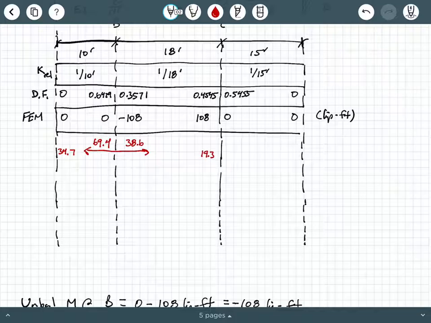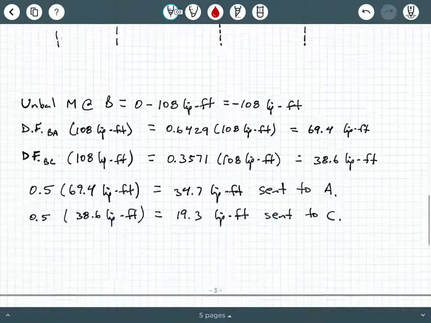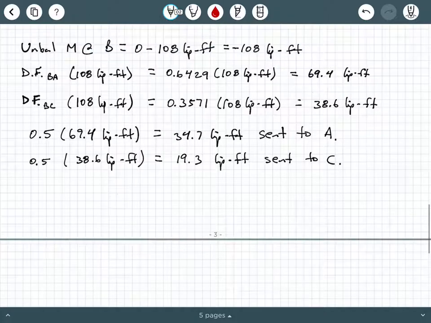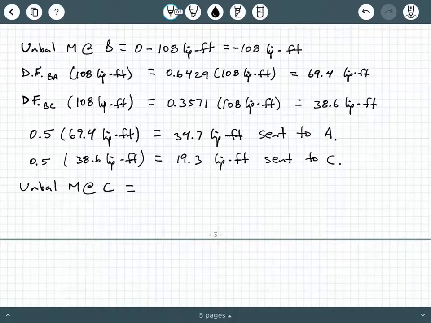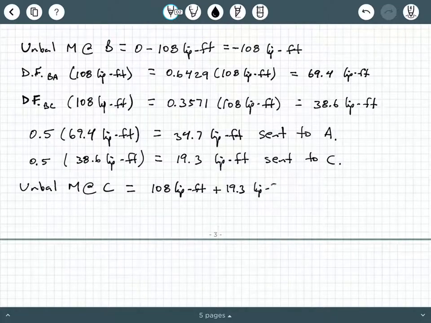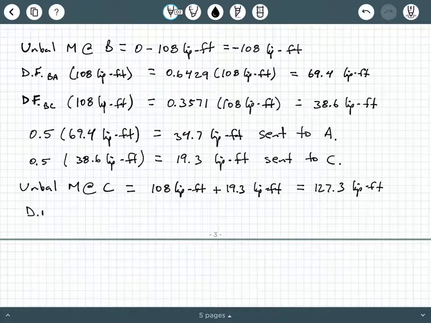Okay, so B is balanced now, but what is still unbalanced? Well, C. Not only is C unbalanced, but it's even more unbalanced now, okay? So now we're going to repeat the same process, and we're going to say we have an unbalanced moment at C, and that equals 108 kip feet, and you have to add to it what you just sent over there, so plus 19.3 kip feet, which gives us a value of 127.3 kip feet, okay?